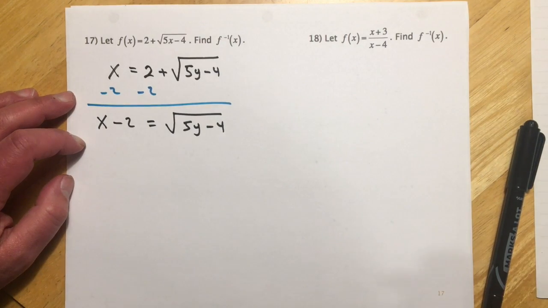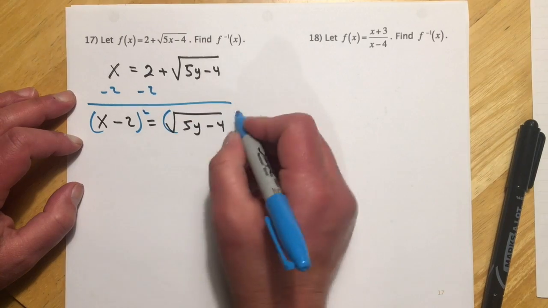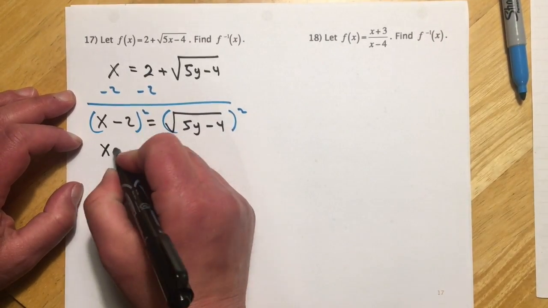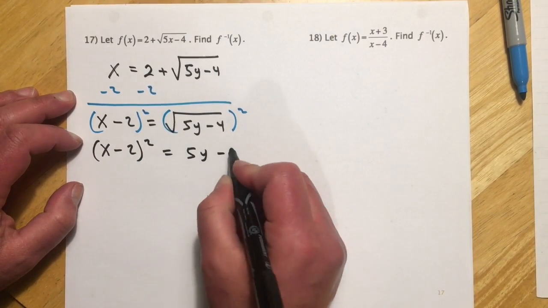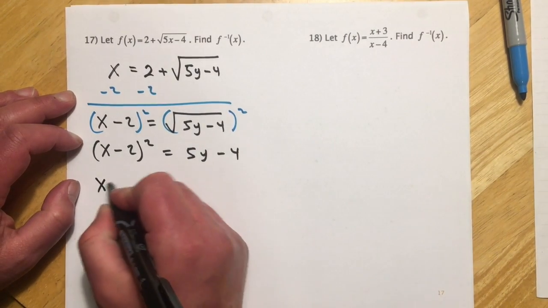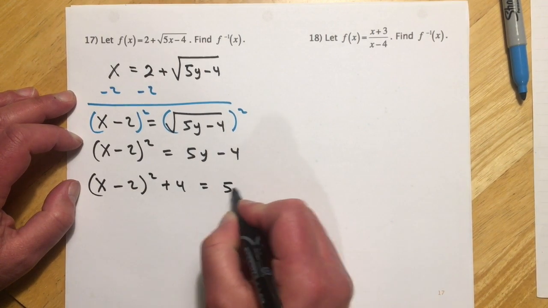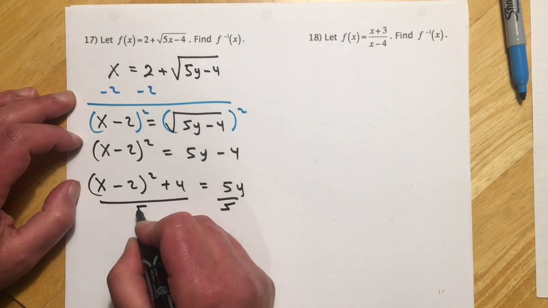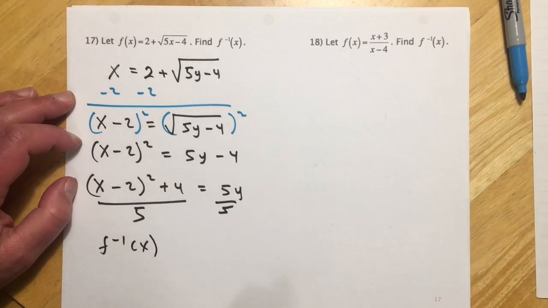And then I will square both sides to undo the root. So now I have x minus 2 quantity squared equals 5y minus 4. And then I'll add the 4 over. So x minus 2 squared plus 4 equals 5y. And then we'll just divide the 5 on both sides. And then that will equal the inverse.